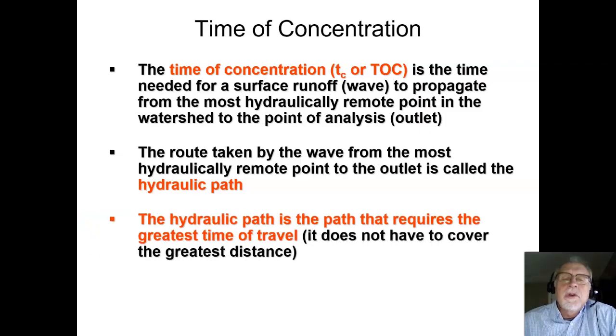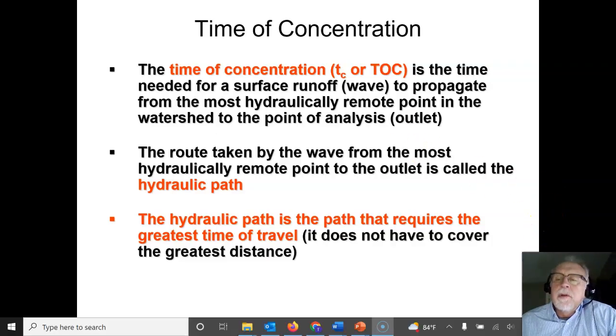That's our time of concentration. Hydraulic path is the path that requires the greatest time of travel. It doesn't have to cover the greatest distance. So commute to work, well, someone might live 30 miles away but be right on the highway, and someone else might be 10 miles away, but lots of curvy roads and intersections, it takes them longer to get there. So it's the one that takes the longest time to get there.